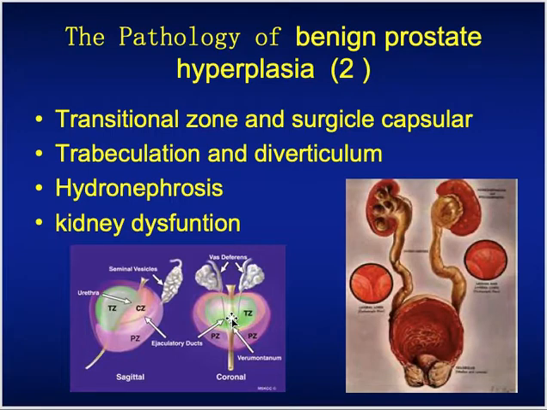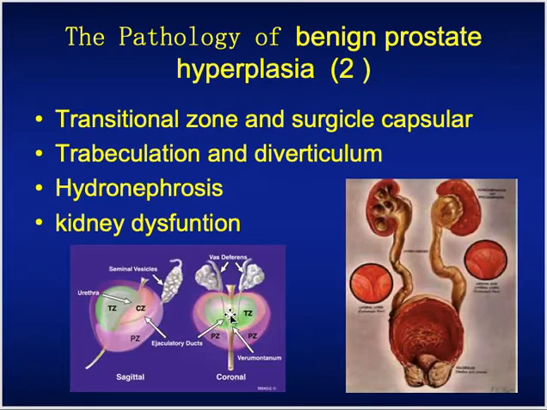This is the main reason why people have outflow obstruction. Of course, when the urethra is compressed, the patient will have signs and symptoms like urinary retention and things like this.